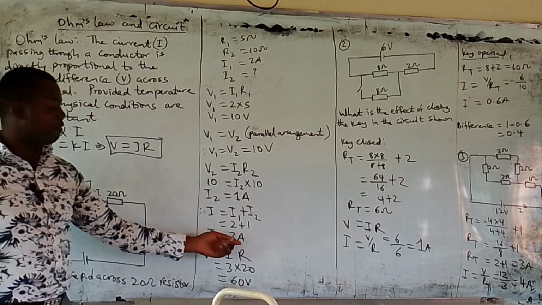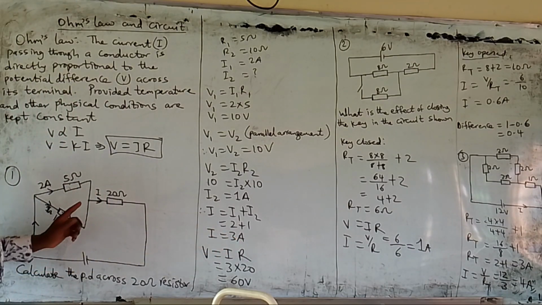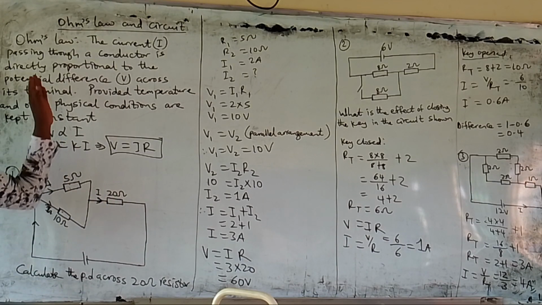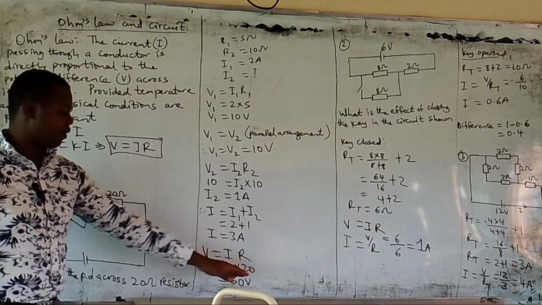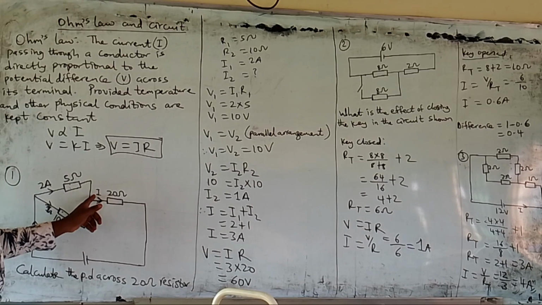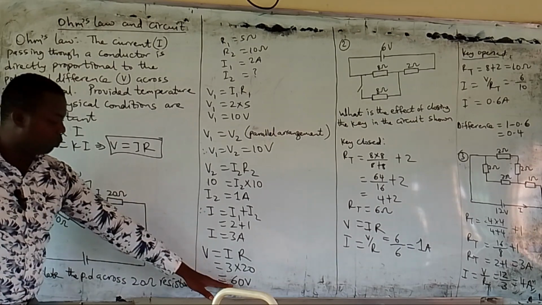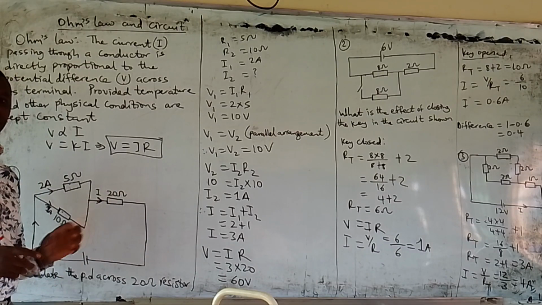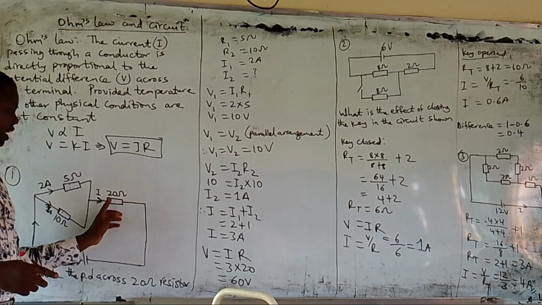So the total current is 3 ampere. It's that 3 ampere current that will flow through this 20 ohm resistor. To know the PD, I apply Ohm's law again. V equals IR, which is 3 ampere, the total current, multiplied by 20 ohms, which gives me 60 volts. So 60 volts is the PD across this 20 ohm resistor.